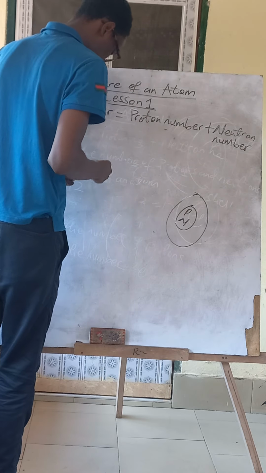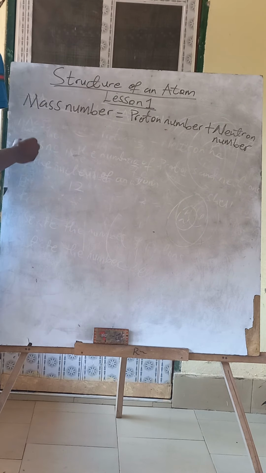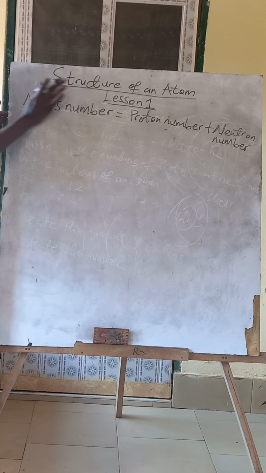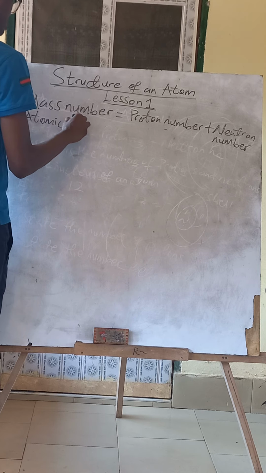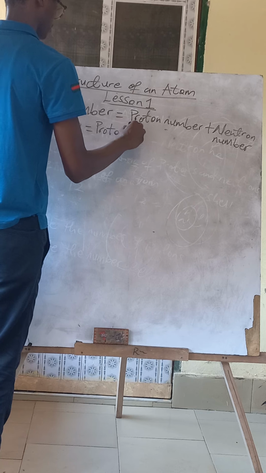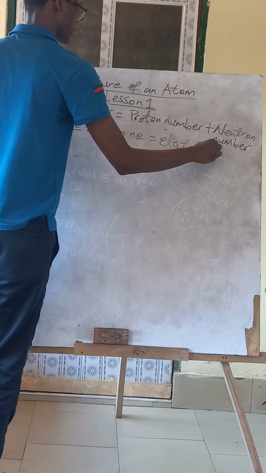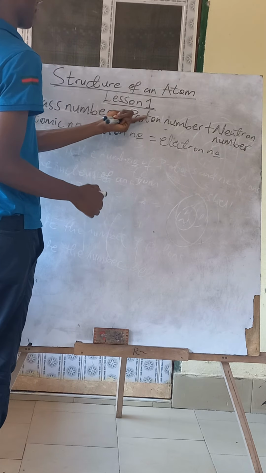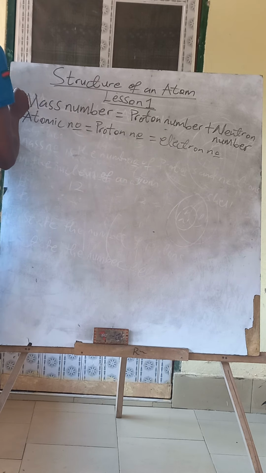But I've established earlier that when we talk about a neutral atom, the atomic number is the same as the proton number, and it's also the same as the electron number. So whenever you see proton number, you can replace it with atomic number. So this is the definition. This is formula 1.